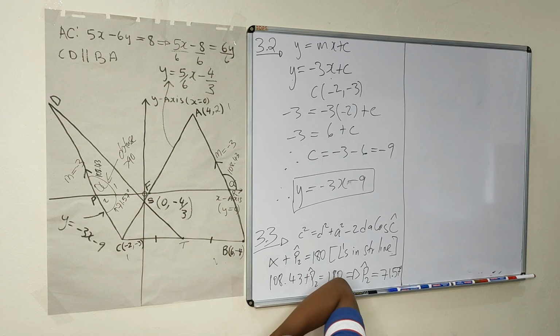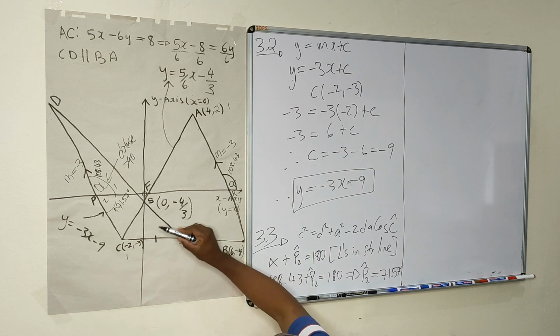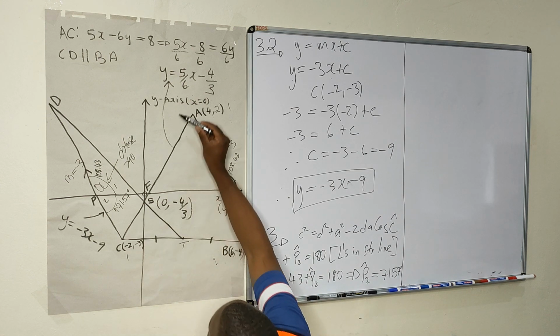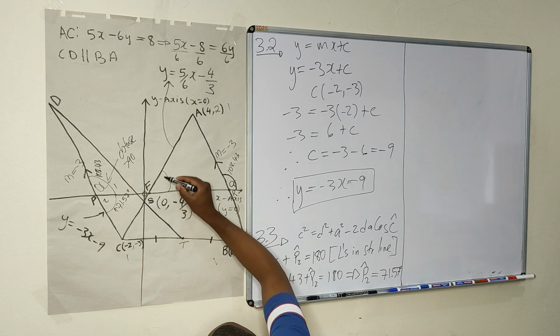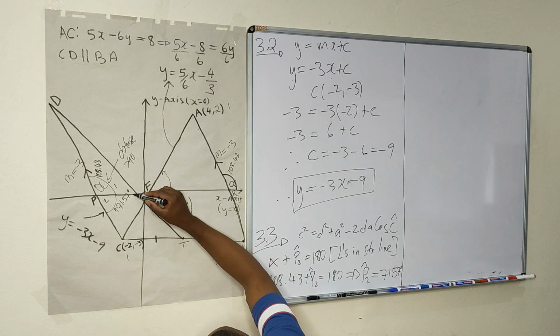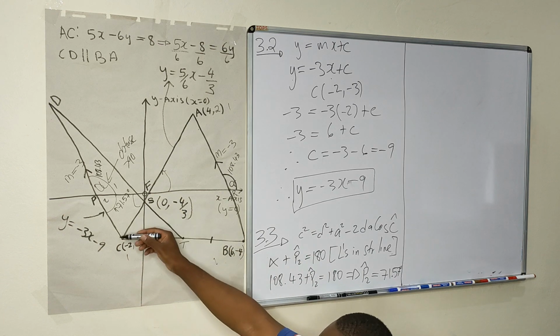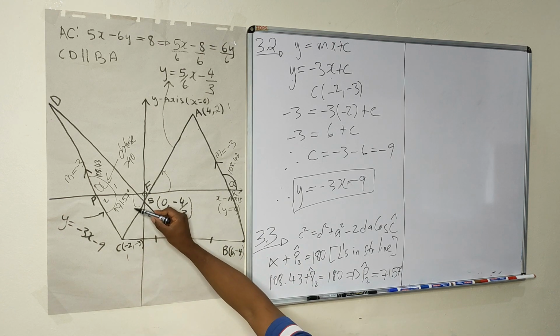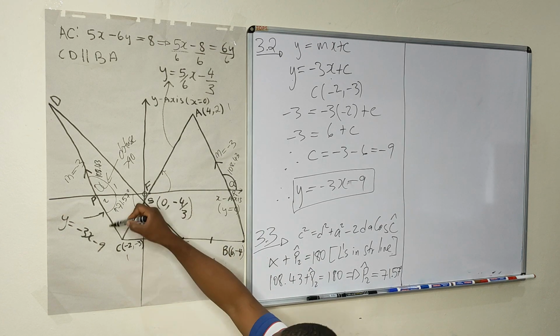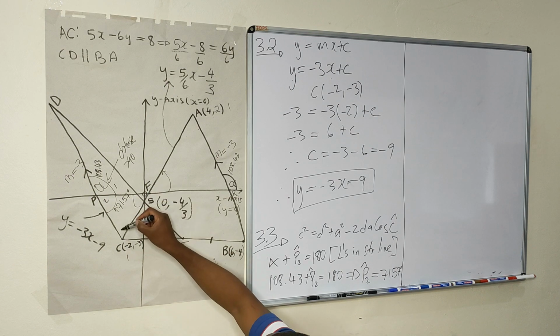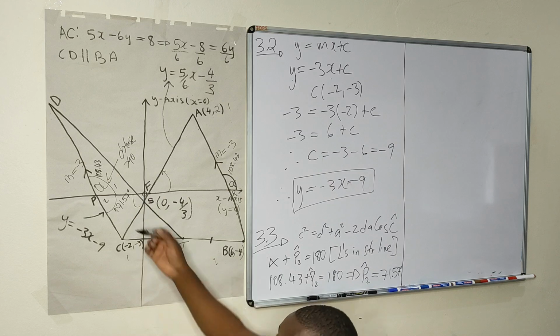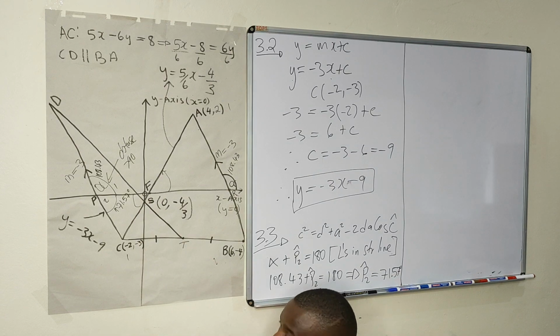Because I have this gradient as well, I can find the angle of inclination, and it will be equal to this one because these are vertically opposite angles. Once I have this, I will subtract the sum of these two from 180 because the angles in a triangle add up to 180.